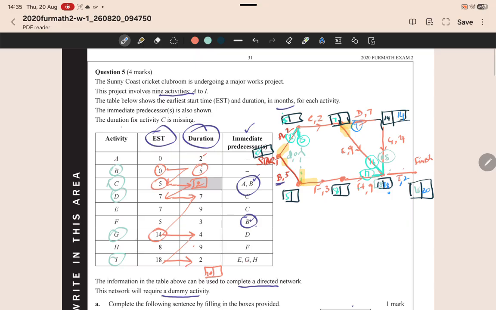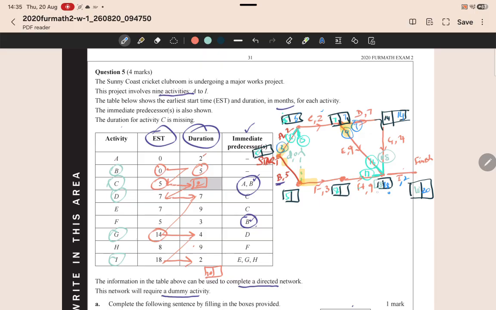Going along E, 18 take away 9 is 9. The smaller value, because in a backward scan you take the smaller value, is 7. And then along C, 7 take away 2 is 5. And 5 take away 2 is 3.